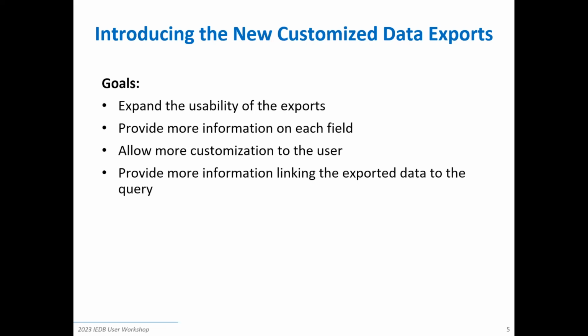It allows complete customization for the user to get exactly which data you want out of the database, not just what we've determined is a subset of the data that we think is relevant. And it provides a lot of information linking the data to your query. So for archival purposes or for reference when you come back to it, you can keep track of everything that you were thinking and working with at that particular time.